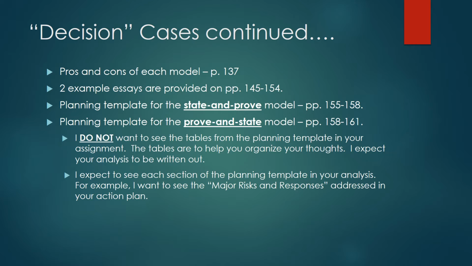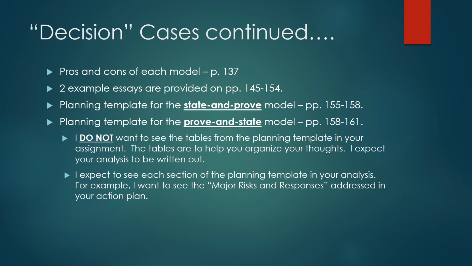You know what you have to prove as the writer, and it forces you to move to proof. So what that means is it forces you as the writer to make a decision and support it very quickly and upfront in the analysis.